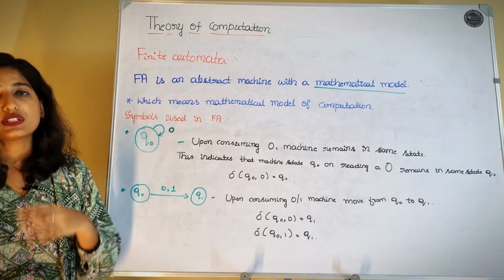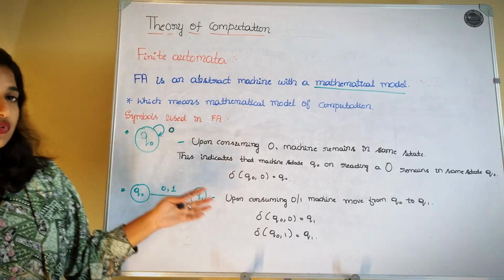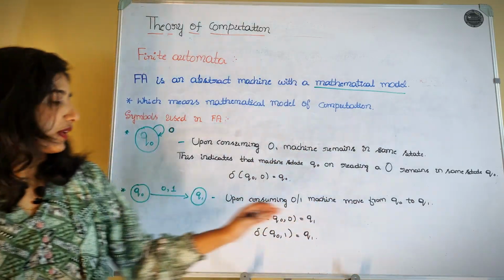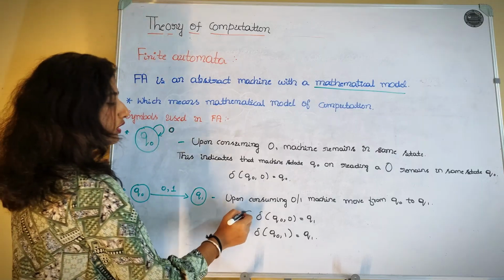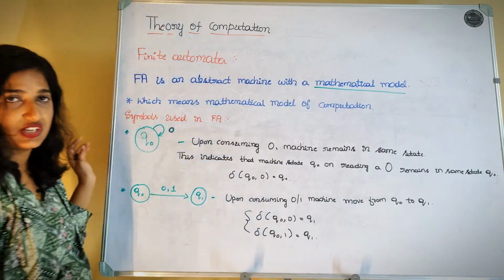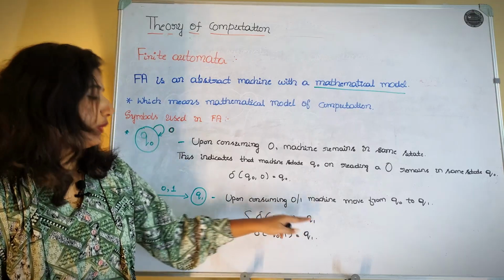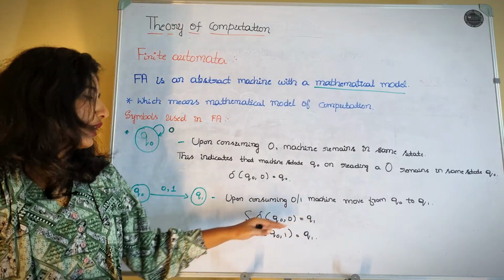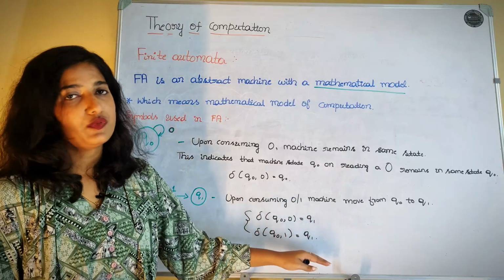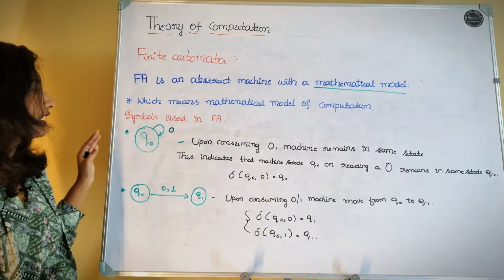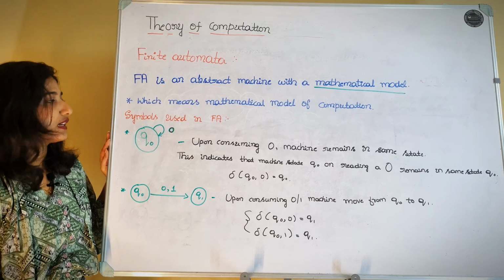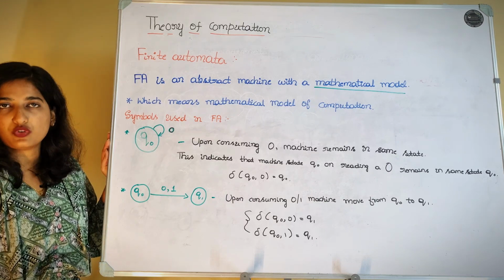So here we have two transition functions: delta of Q0 comma 0 equals Q1, and delta of Q0 comma 1 also equals Q1. These are all the symbols used to represent a finite automaton.